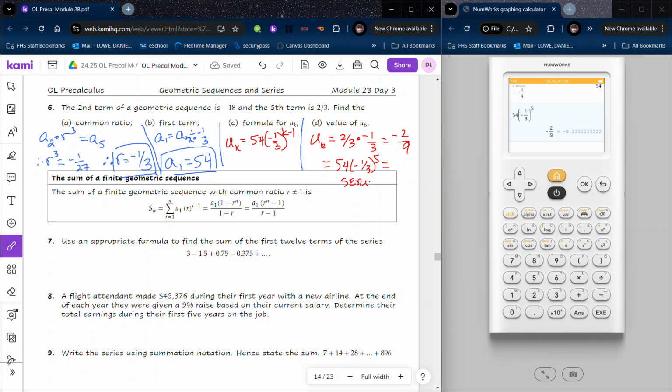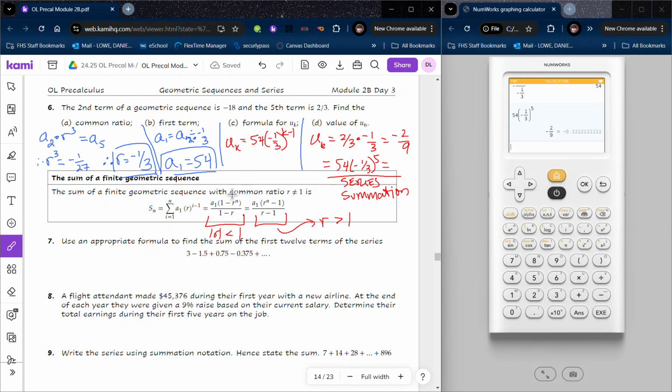So we have a series summation, and that sum of the first n terms of my sequence, when I'm adding up the terms, can be given by two different formulas. One formula we'll use if the common ratio is greater than 1, and one formula we'll use if the magnitude of the ratio is less than 1.